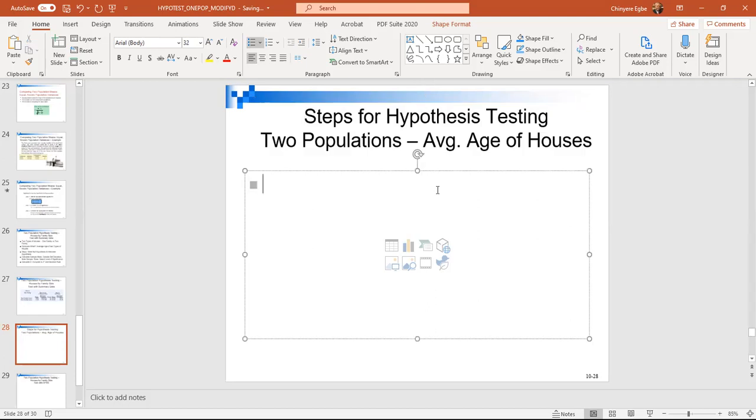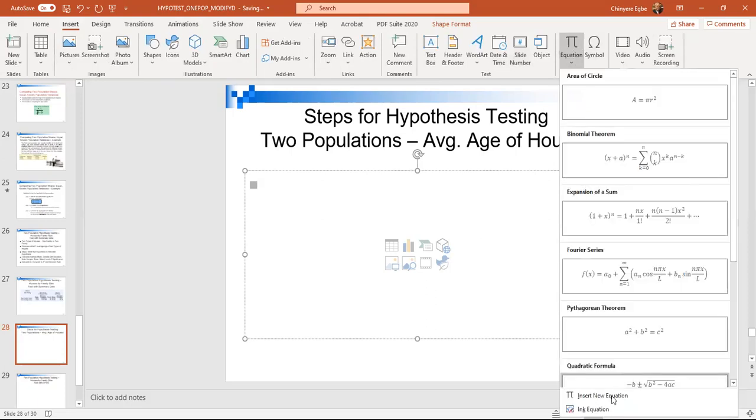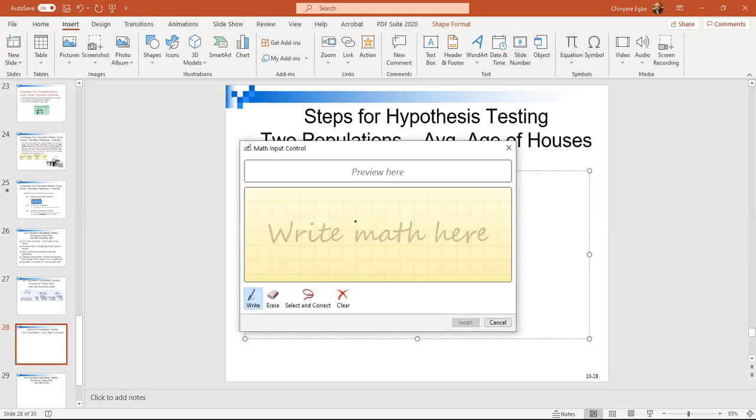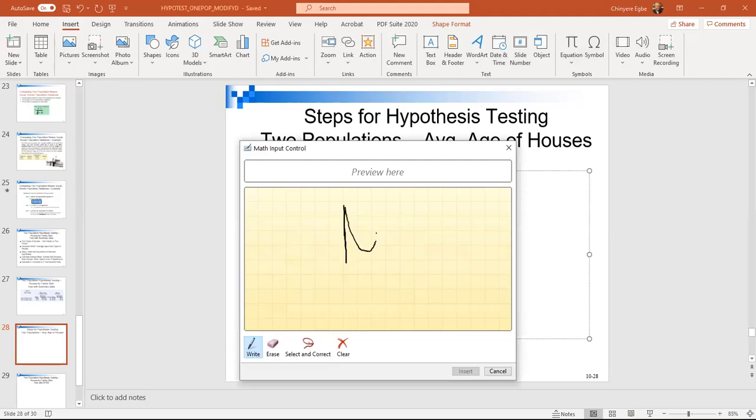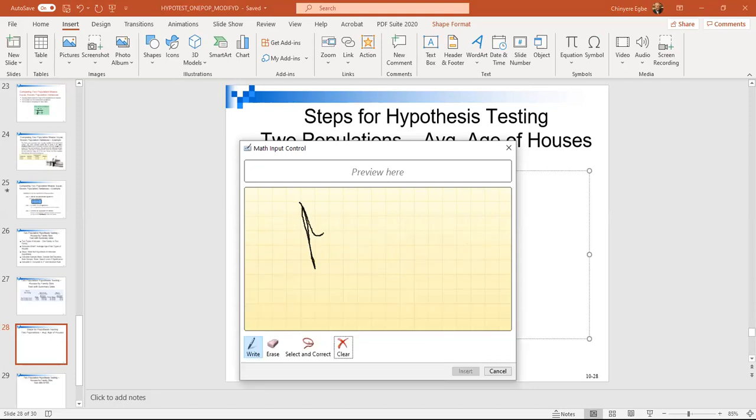All right, so the hypothesis will be that U1 is equal to U2.